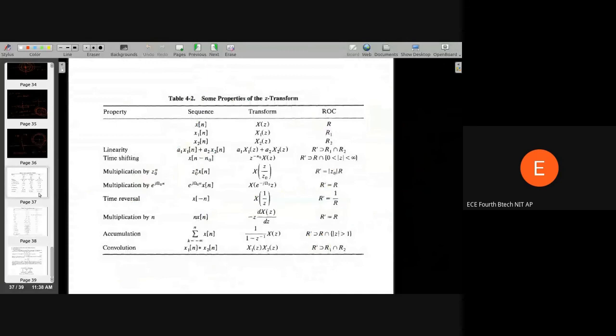So now these are the many properties of the Z transform. Just go through them again. Convolution, very important. Easy, almost the same as your Fourier.